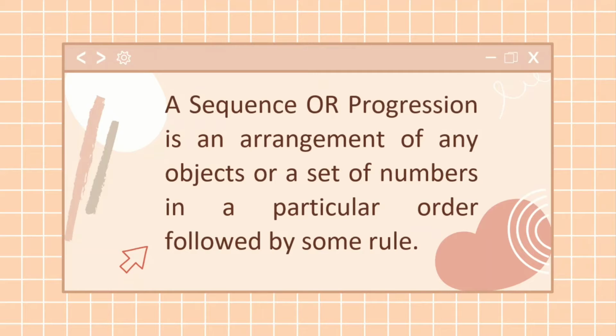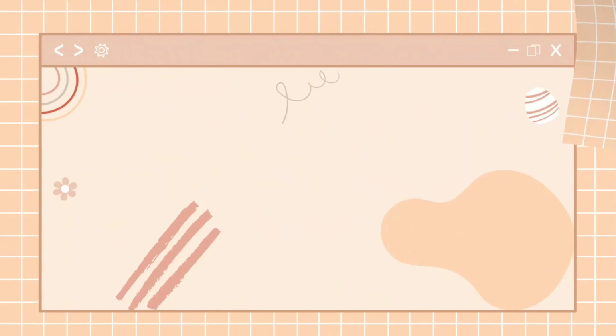A sequence or progression is an arrangement of any objects or a set of numbers in a particular order following some rule. The rule in this case is adding 5,000. Examples of sequence are arithmetic sequence and geometric sequence.